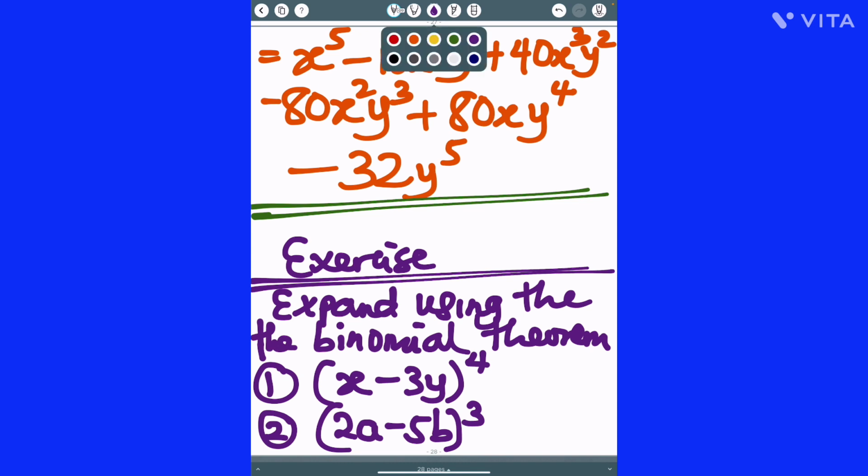Let me make it 3 questions. 3. m minus 3n raised to power 4. So take this as your exercise for the topic.